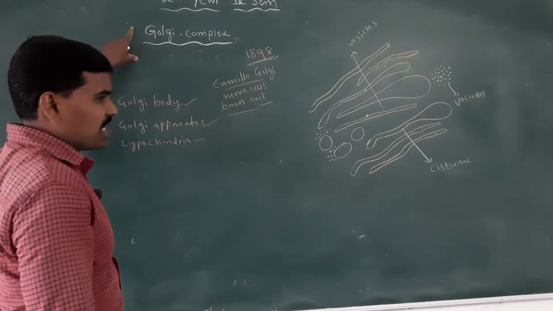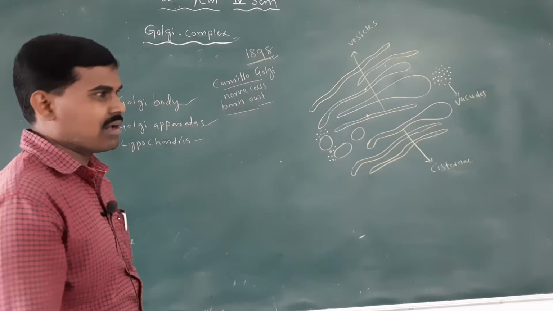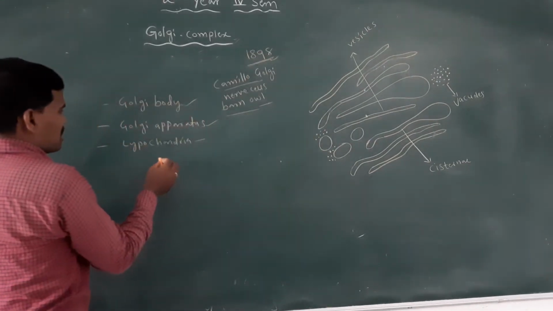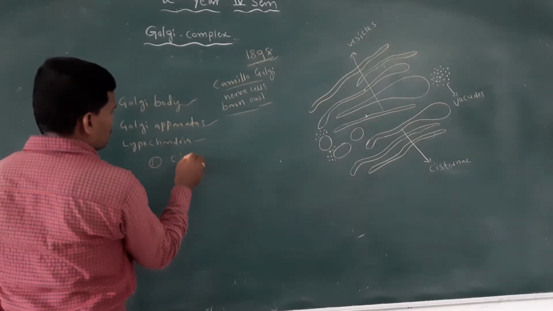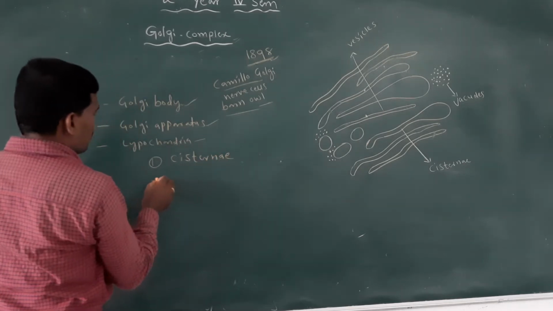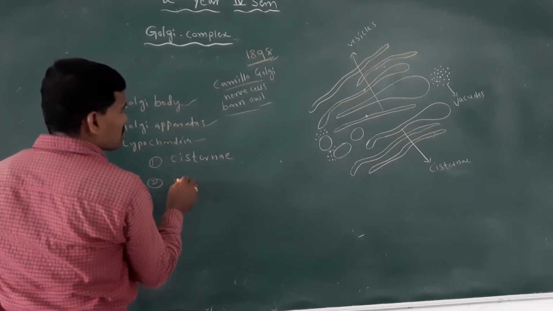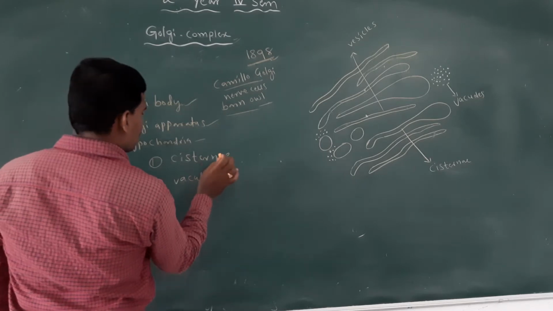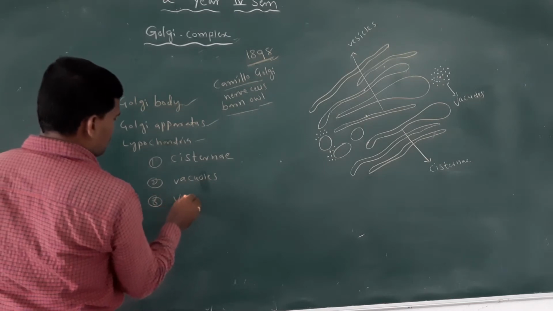The Golgi complex has three components. What are the three components? First one is the cisternae, second one is vacuoles, third one is vesicles.